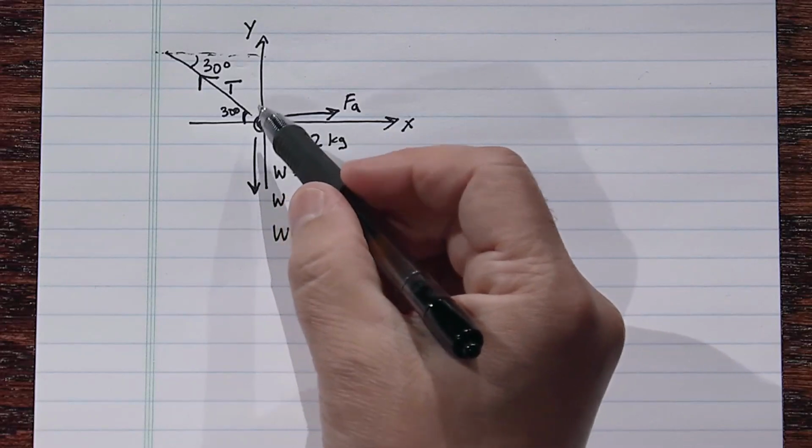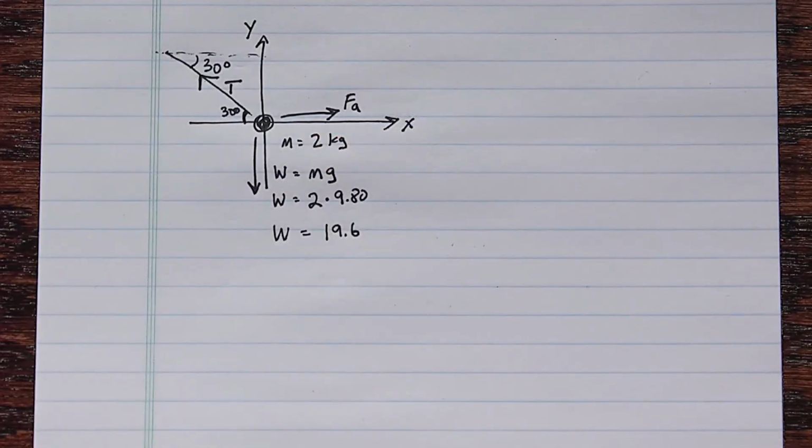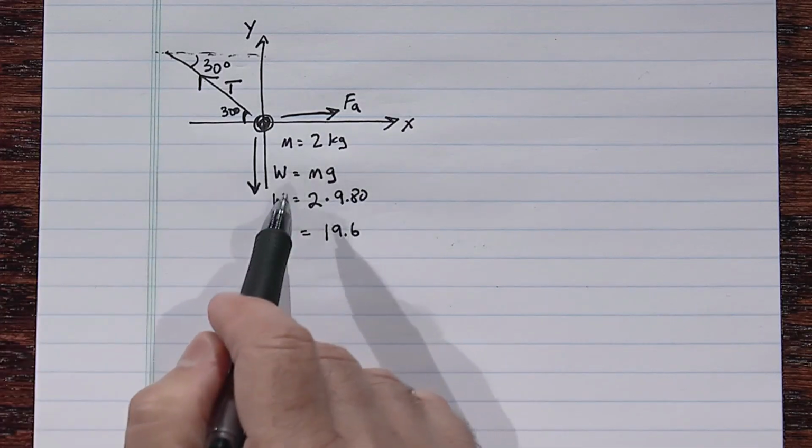Have we gotten all the information from the problem statement? Yes, we have. We have the ball, we have the string pulling at an angle of 30 degrees, and we have the mass of the ball.